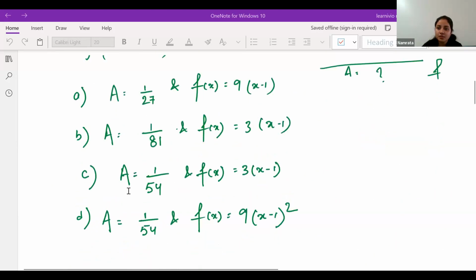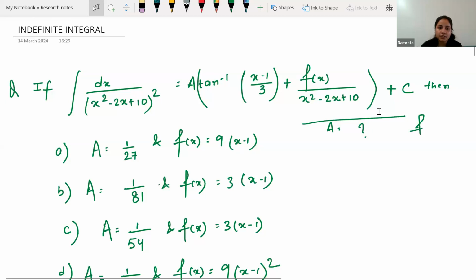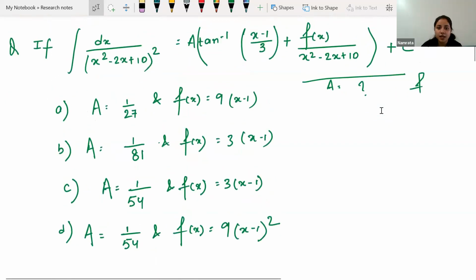Can you see the options? First, see the question. If the integration of this equals this, then a and f of x values we have to find. So can we say here that option number C is the correct option? Sure. Okay, so we are done.